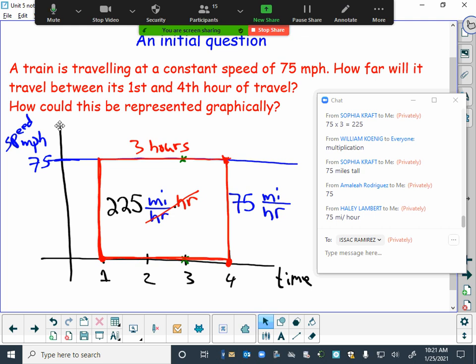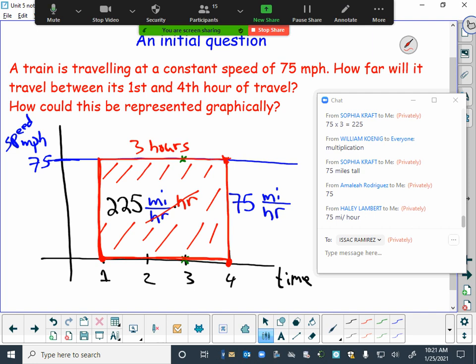If we have the constant velocity up here of 75 miles per hour, we blocked off a 3-hour unit of time on the bottom, and if we then used multiplication and kept track of the units, then it actually tells us that this area in here represents the 225 miles that the train traveled in that time period.